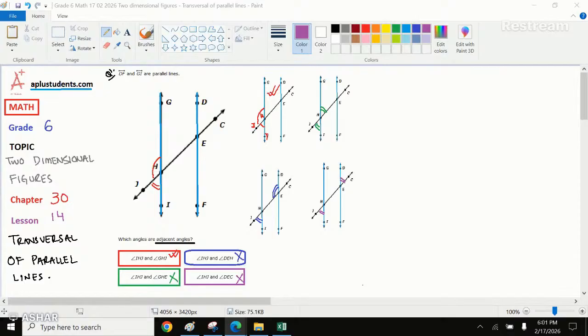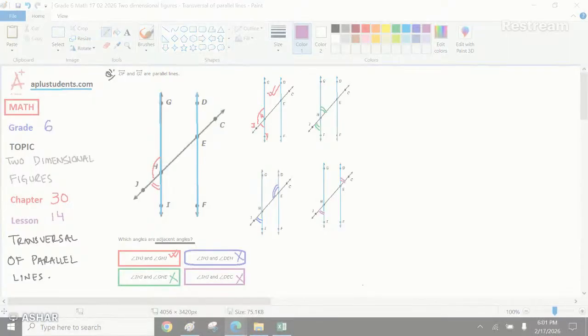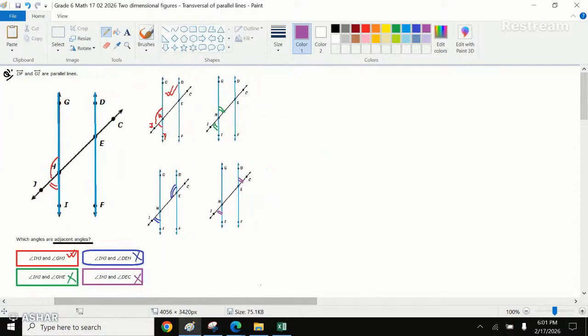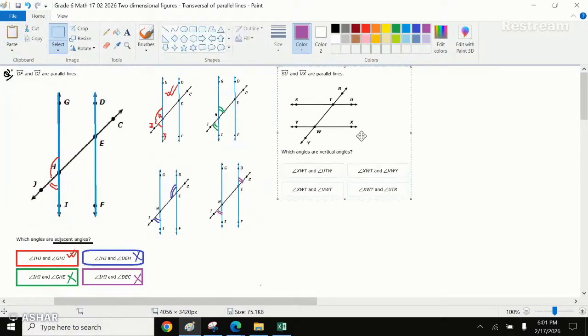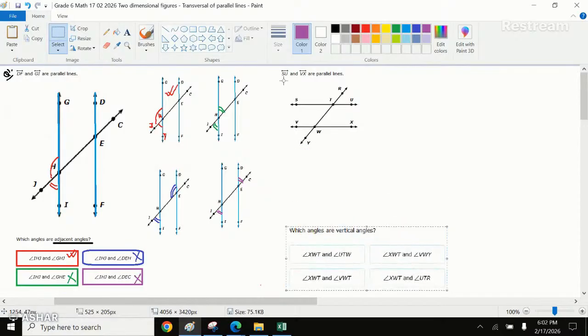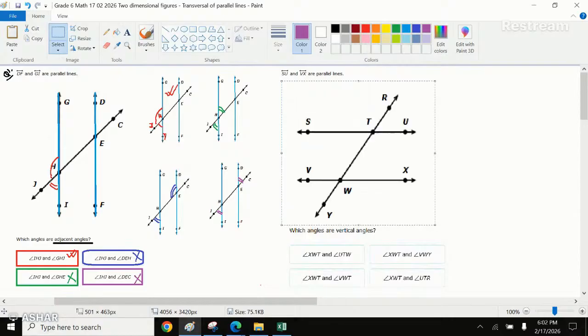We need to find a pair of vertical angles. Let's look at another question. Which angles are vertical angles? For the next question, and the given diagram was this. This is our question number 2.